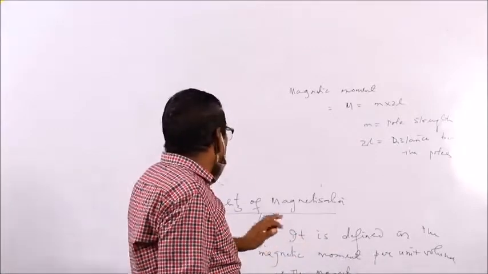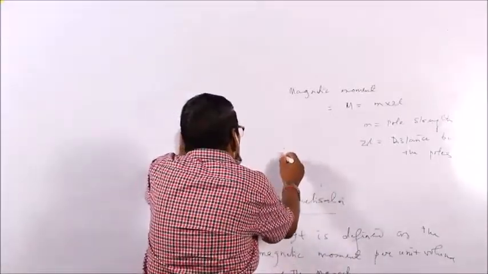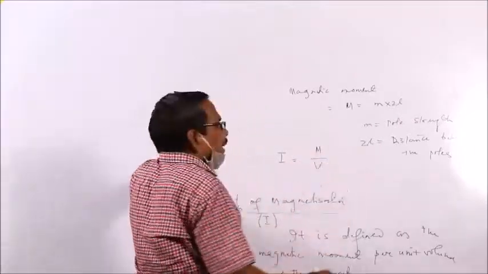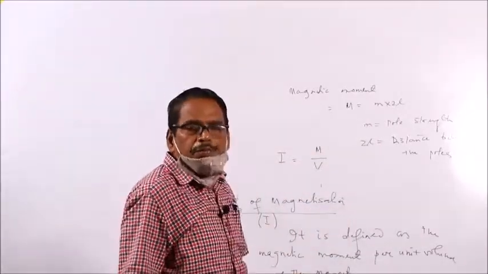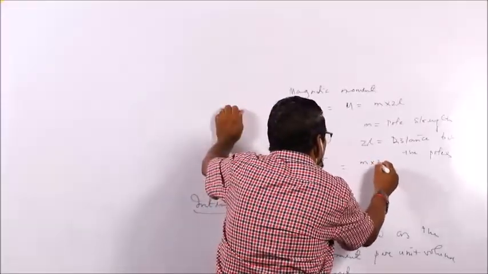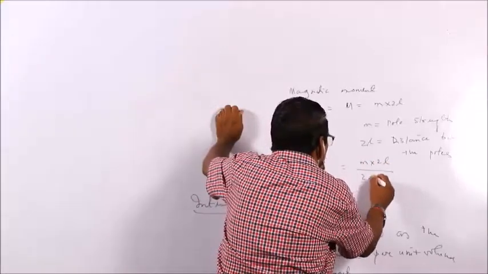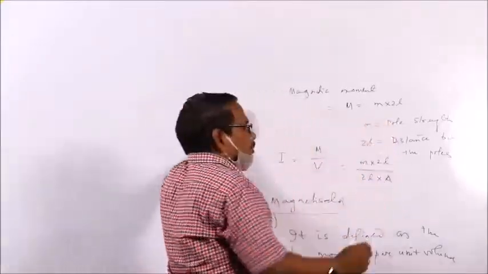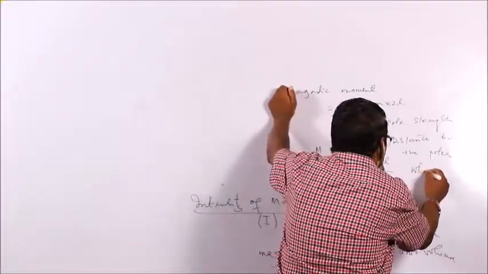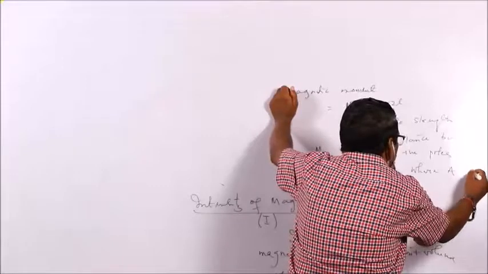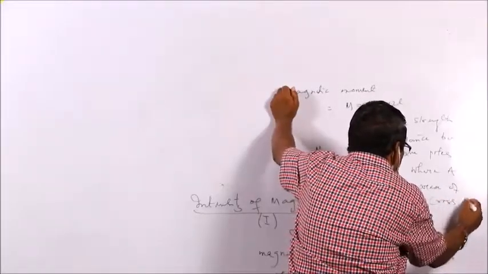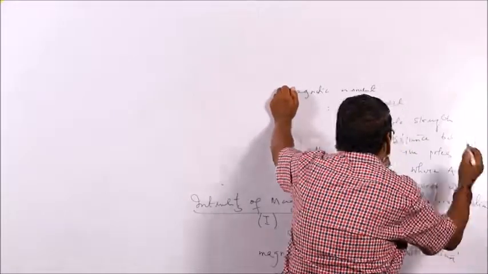So what is the intensity of magnetization? I is equal to the magnetic moment per unit volume of the magnet, M by V. The magnetic moment is m into 2l, and the volume of the magnet is 2l into A, where A is the area of cross section of the magnet.